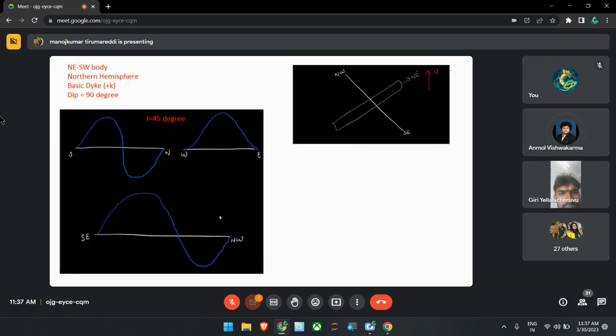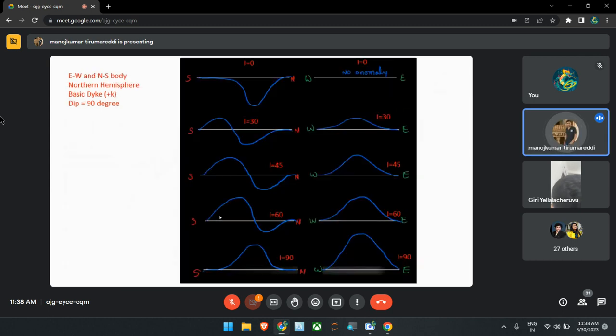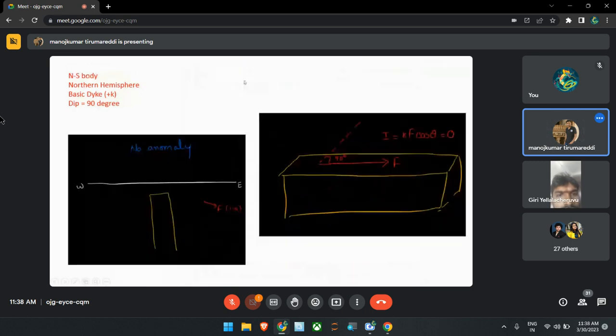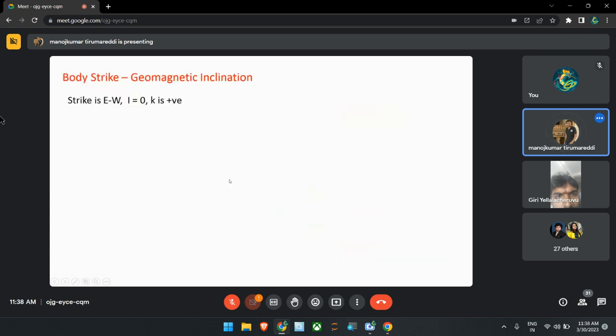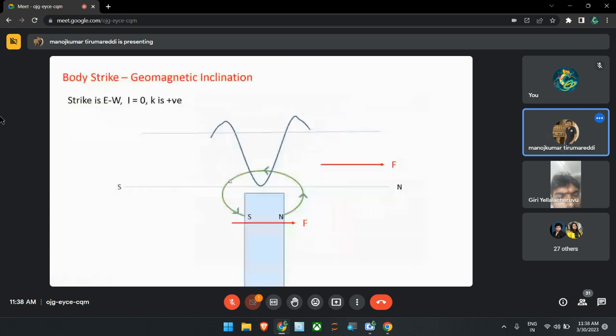Excuse me, sir. For the north-south dipping body at the equator, how are the small positive lobes coming? I couldn't understand that. That is an east-west body. The profile direction is east-west, and the strike is east-west.